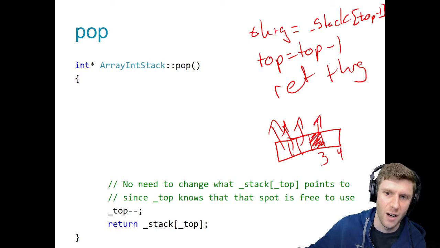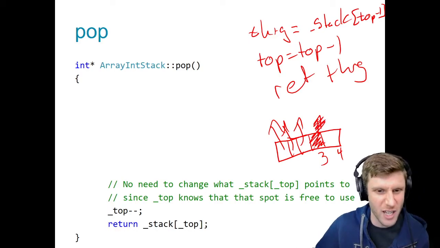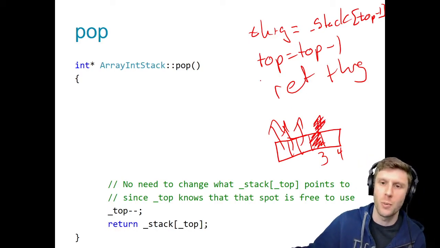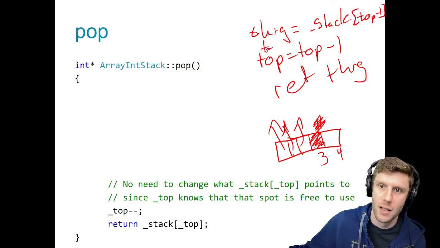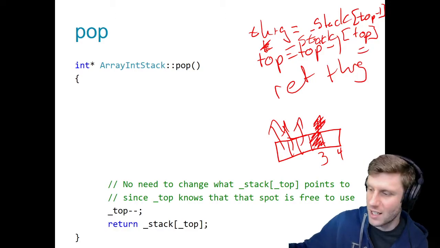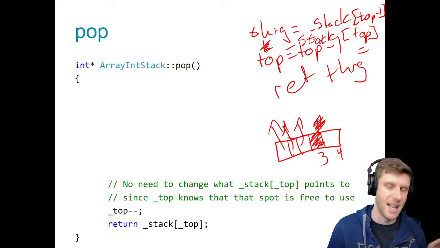We don't care about setting this pointer to anything. But if you want to be super safe, you could do it this way and say stack at top equals that null pointer thing we talked about before. If we want to get super fancy, but it's not necessary.